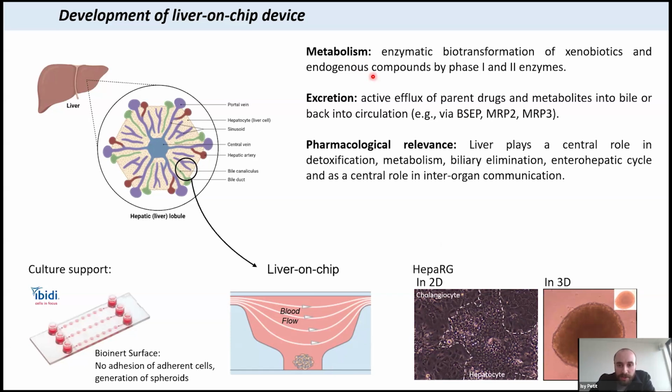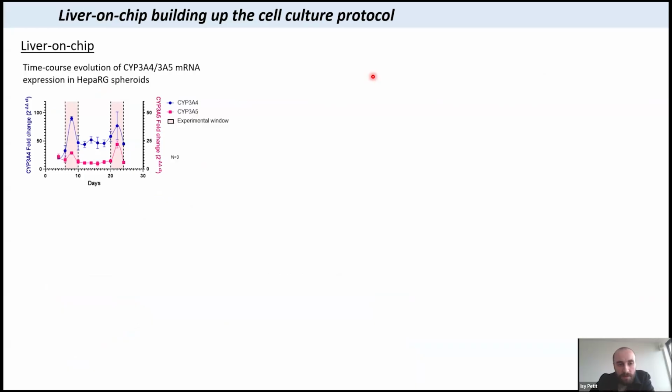This dynamic expression is well known in 2D, but in 3D, it's not so well known. To look at that, we made a time course evolution of CYP3A4 and CYP3A5 mRNA across HepaRG differentiation in spheroids.